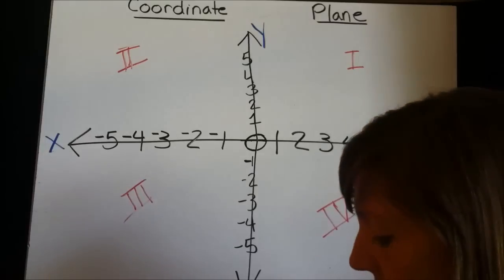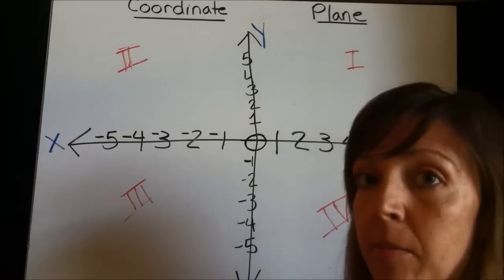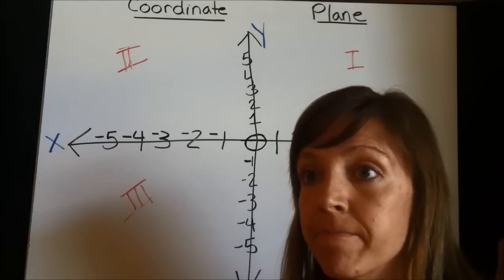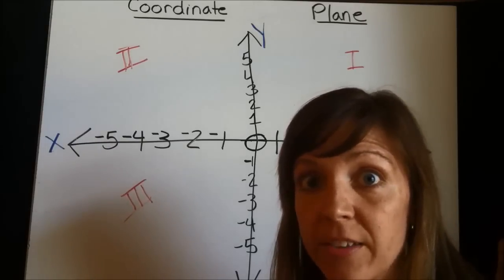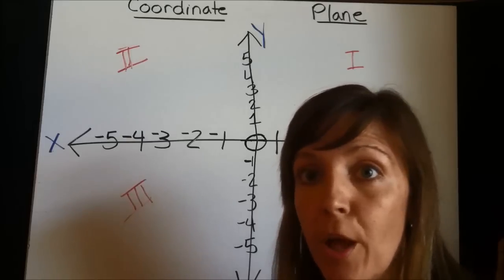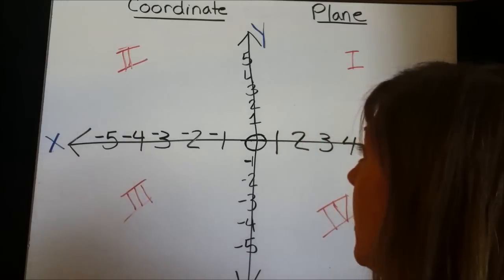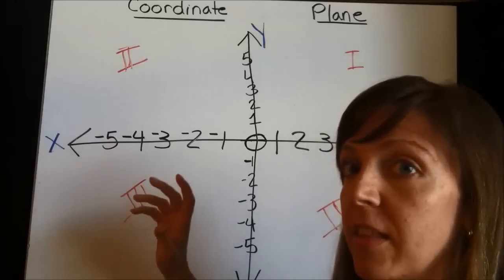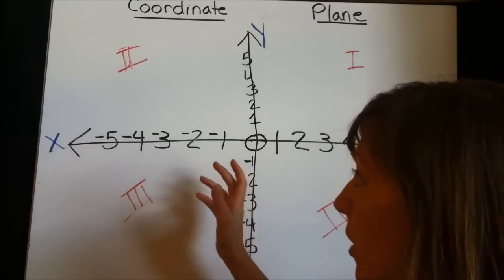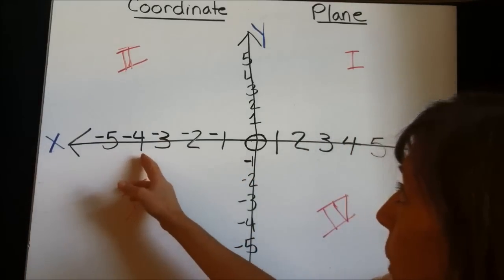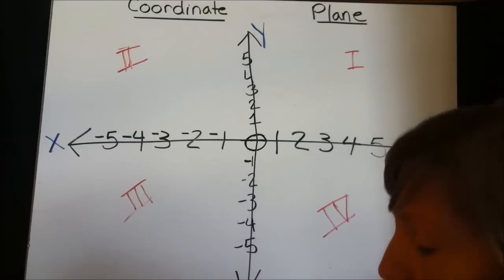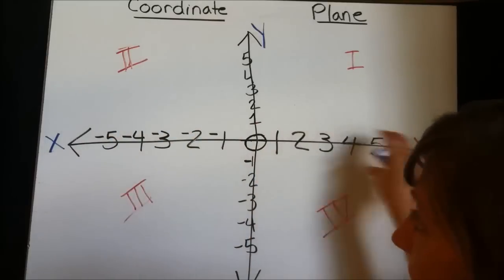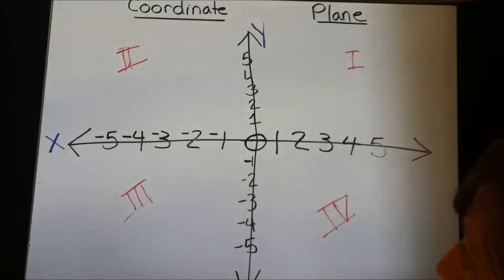Now let's say that I am a pilot and I am dropping food supplies to hungry people below. And so I am supposed to drop the food supplies at the coordinate -4, 3. Well, the -4 would represent the numbers on my x-axis, because the first number always represents the numbers on your x-axis.